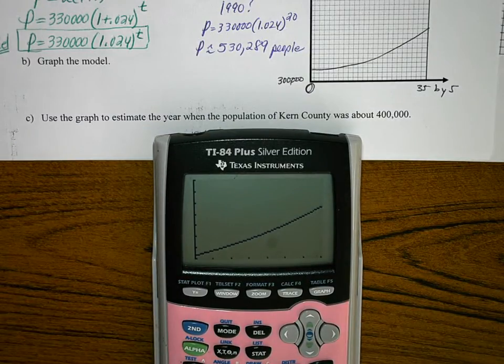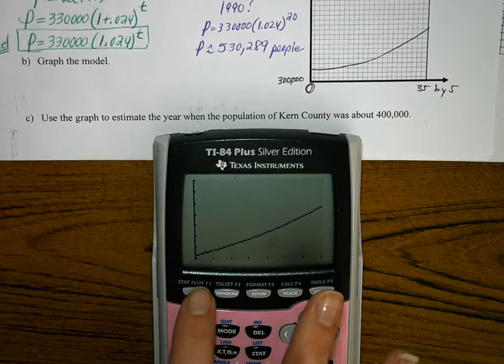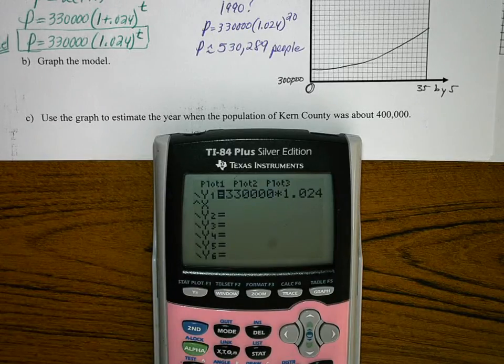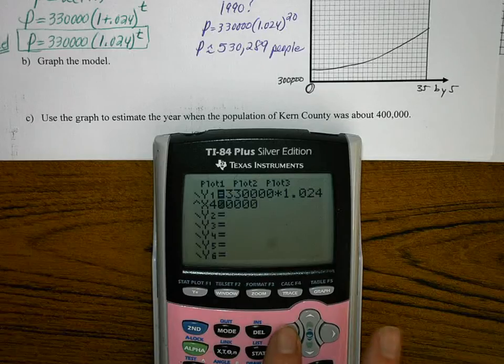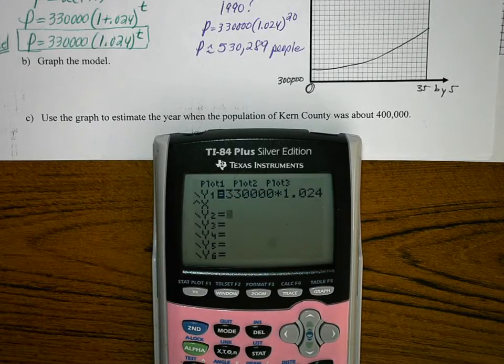So, let's go back into y equals. But now I want to know when my y is equal to 400,000. So I'm going to put a second equation in. I want to know when the y is equal to 400,000. Hit graph.